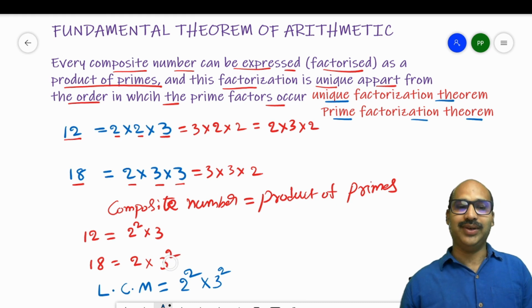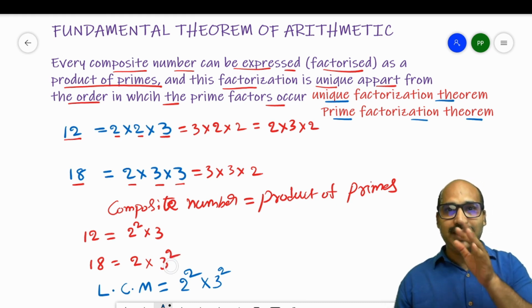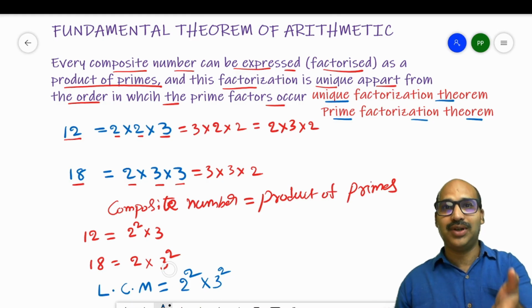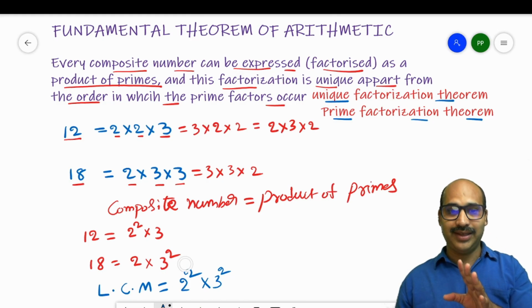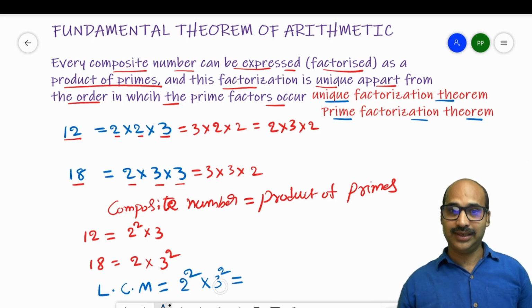Apart from this, if we have any other numbers, those also we have to include. For example, if only 5 is there in one and 7 in the other, we have to include 5 and 7 also. So in this particular case, LCM is equal to 2 square, 4, and 3 square, 9. So 9 into 4, 36. LCM is equal to 36.